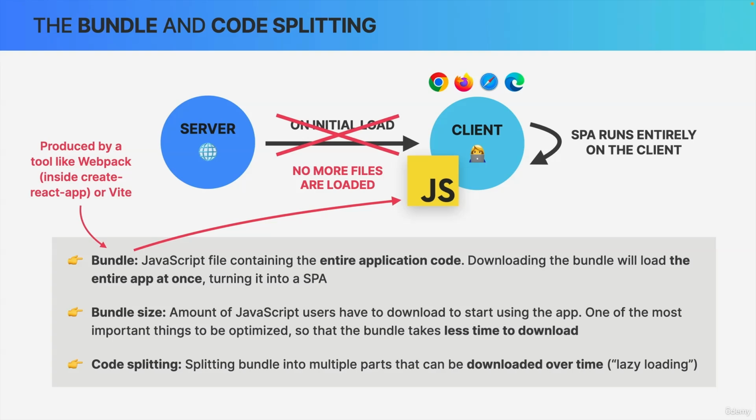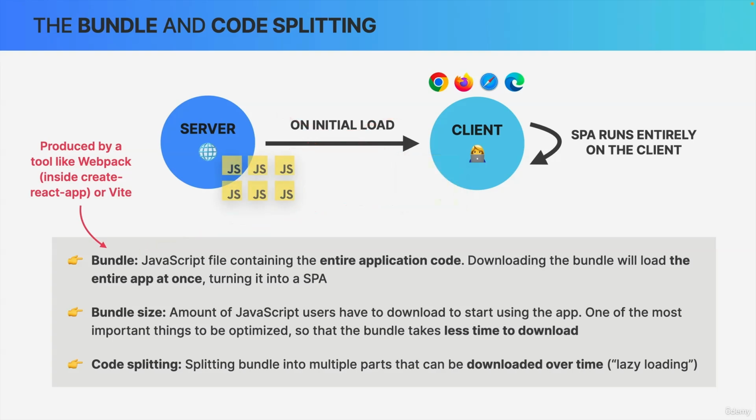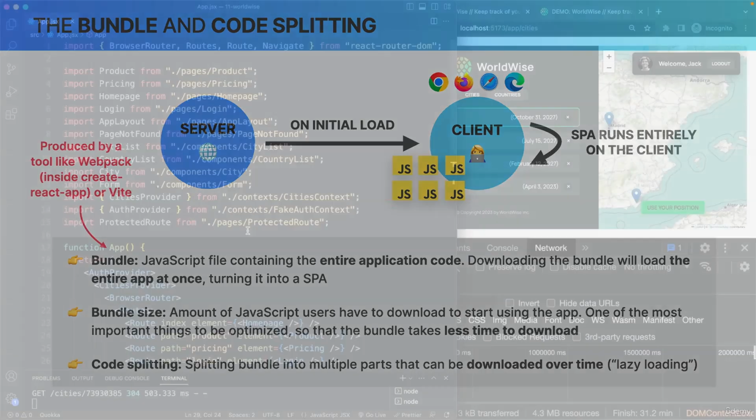So instead of just having one huge JavaScript file, we will have multiple smaller files which can then be downloaded over time as they become necessary for the application. And this process of loading code sequentially is called lazy loading. And this really is one of the biggest performance gains that you can achieve for your users. And so let me now show you how it's done in practice.